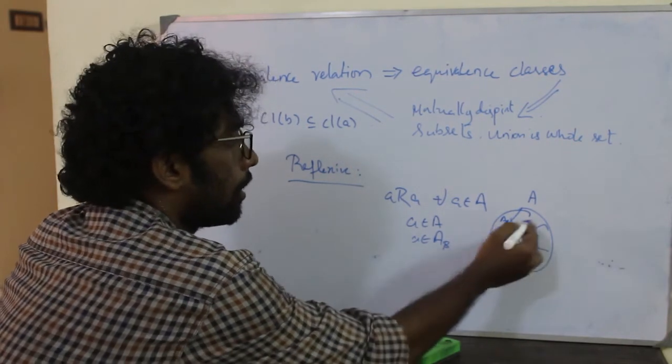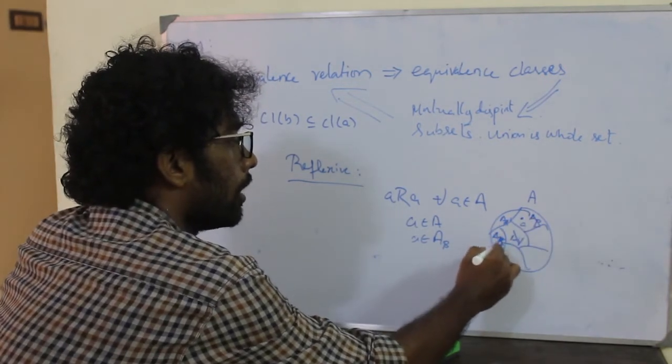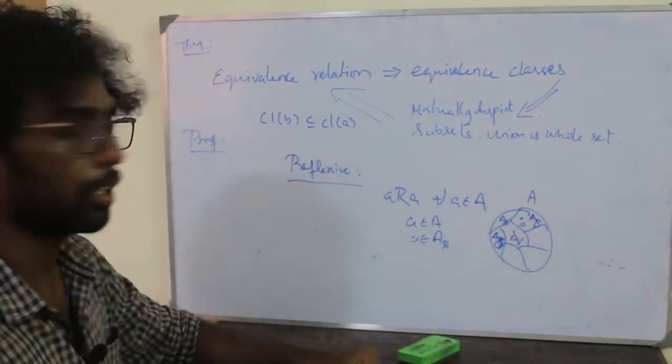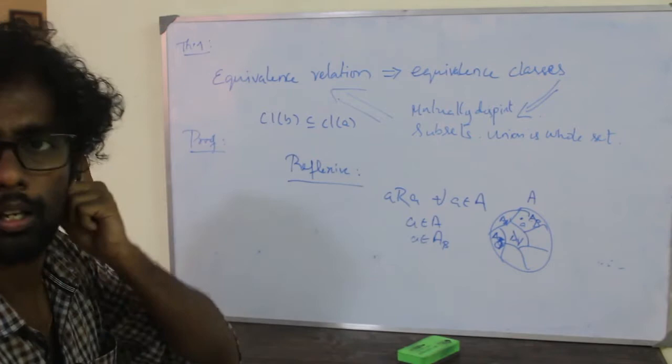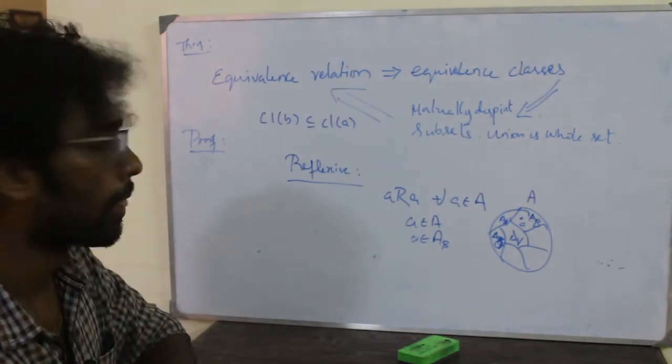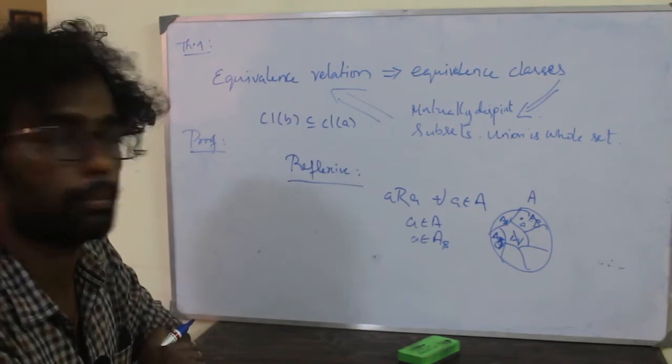Suppose a is here, then a belongs to some A beta, let us call it A delta. Wherever it is, I am just taking it to be A beta for some beta. Therefore a belongs to A beta.